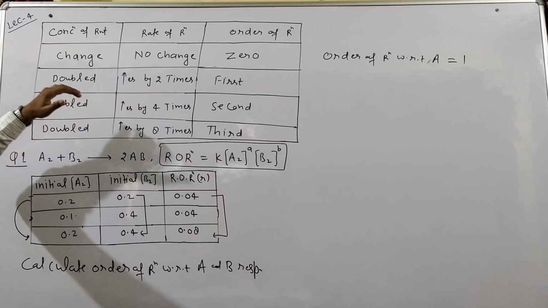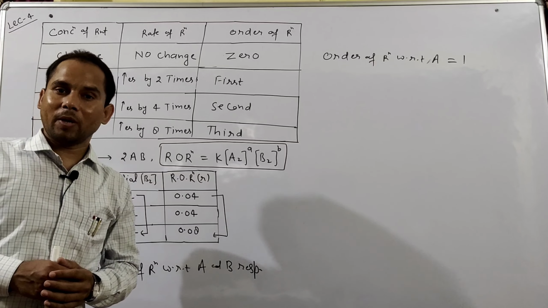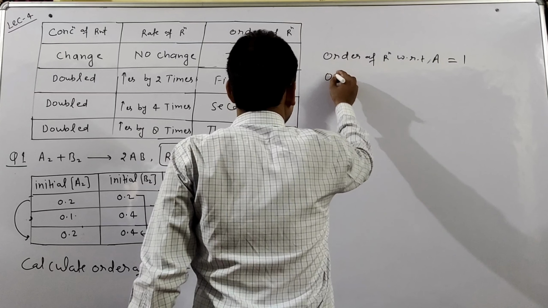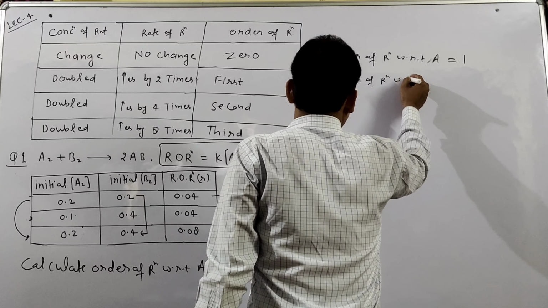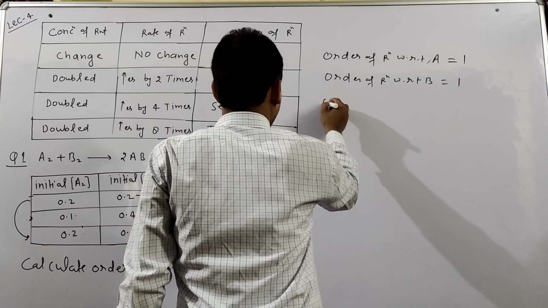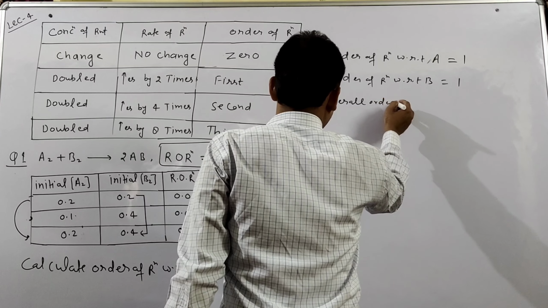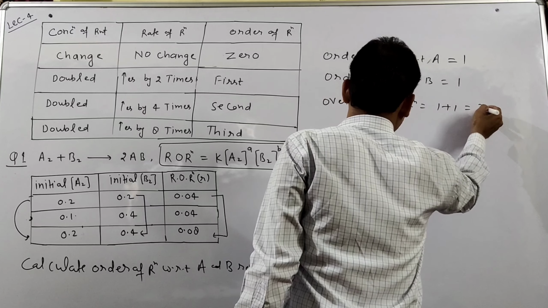So the order of reaction with respect to B is also first order. And you can calculate the overall order of reaction: 1 plus 1 equals 2.